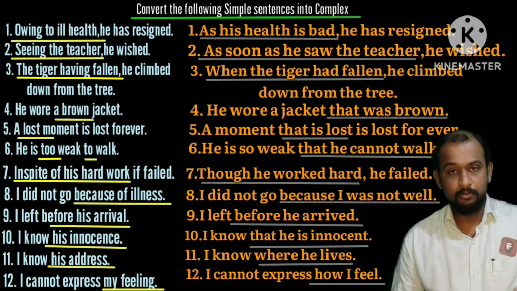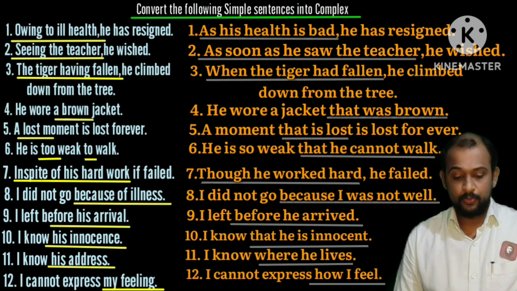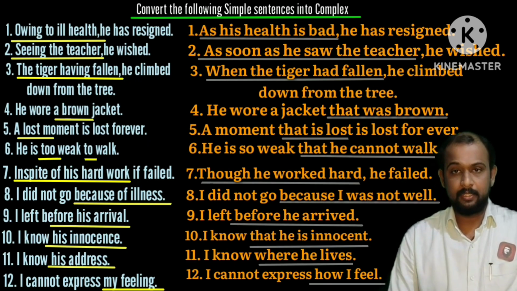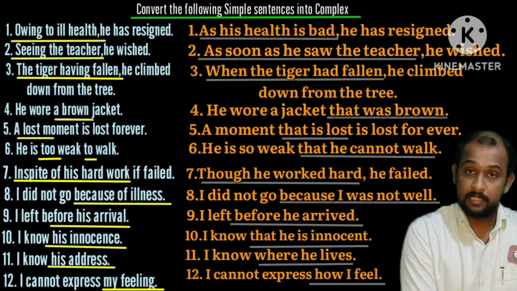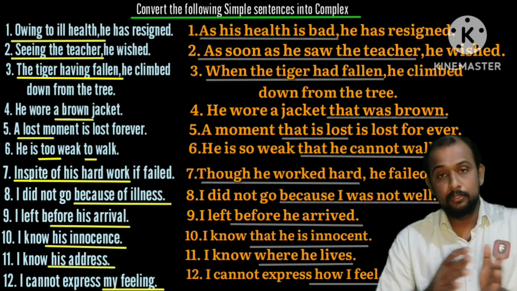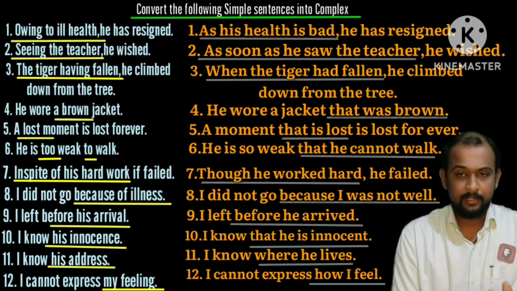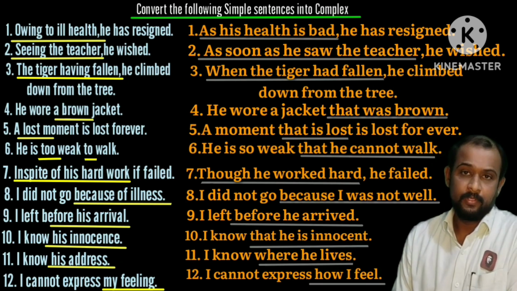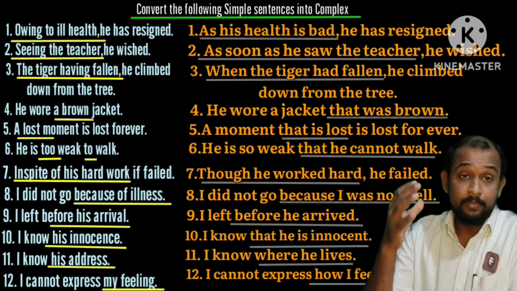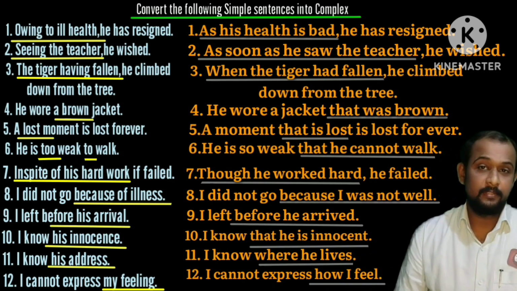So you have to practice more and more examples. This class will make the process of learning conversion of simple sentences into complex sentences a little easier. If you practice these questions, I am sure it will be easy for you to get a complete grip on the conversion of any simple sentence into a complex sentence.